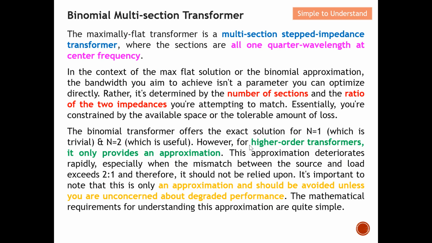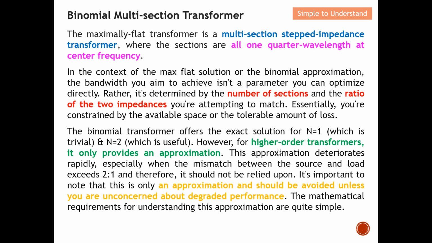Why? Because for higher order transformers, this method only provides an approximation, which means that you don't have the exact solution. You can only have an approximate solution. This approximation deteriorates rapidly, especially when the mismatch between the source and load exceeds 2 to 1. When there is a high mismatch between the source and load, this binomial method will not be accurate.